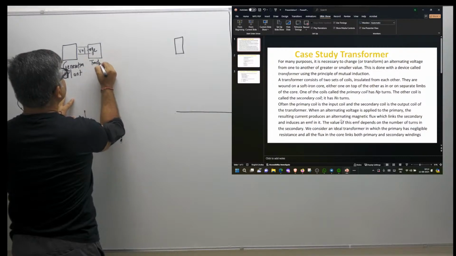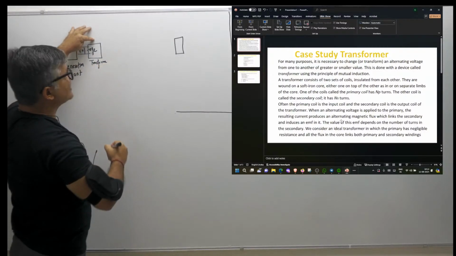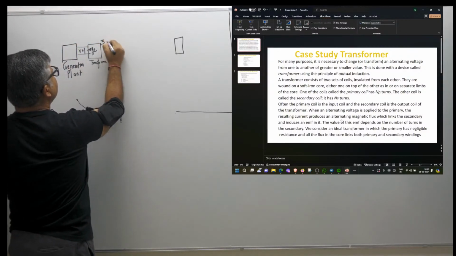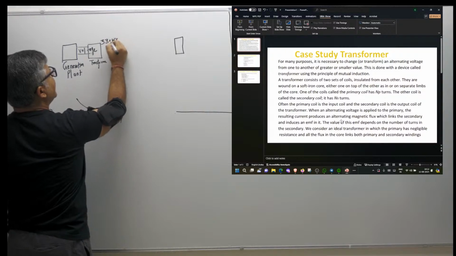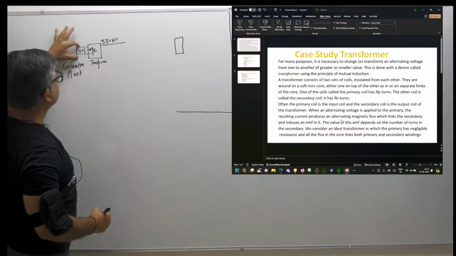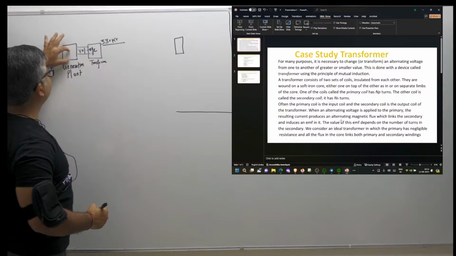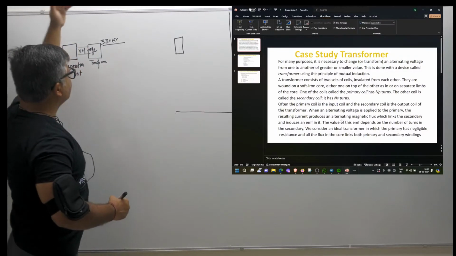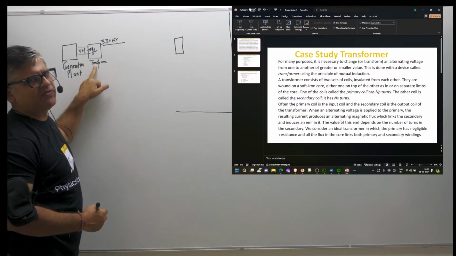This is a transformer. This increases the value of the voltage to say 330 kilovolt. It's a hypothetical number. But the voltage which was generated by the power plant is very low. You have to increase the voltage by using a transformer.